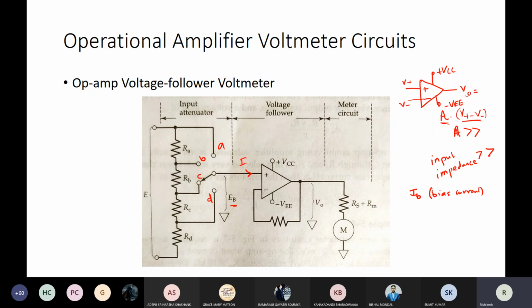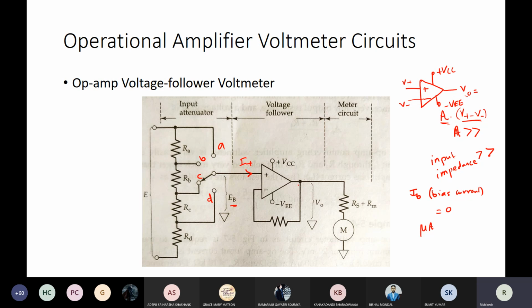How much current flows through this? Ideally, zero. Practically it is very small, probably a few microamperes or nanoamperes. A very small amount of current is drawn from the circuit you are measuring, which is why it offers very high input impedance.